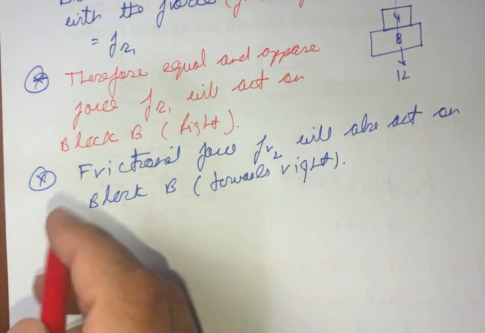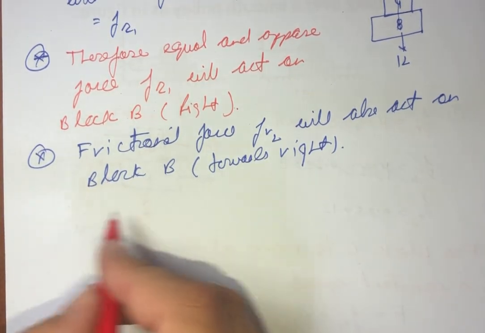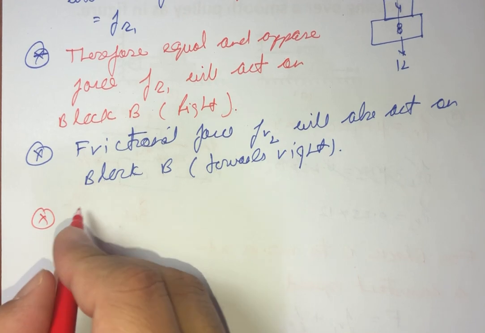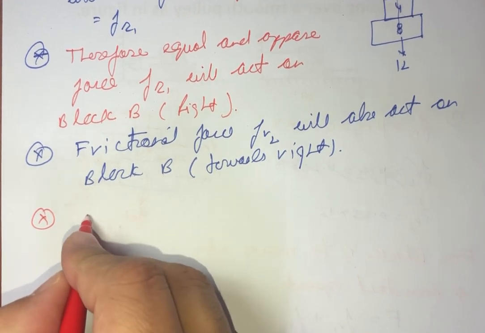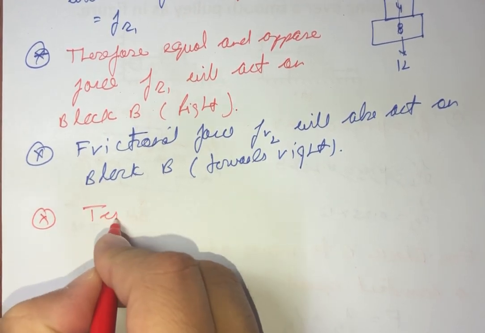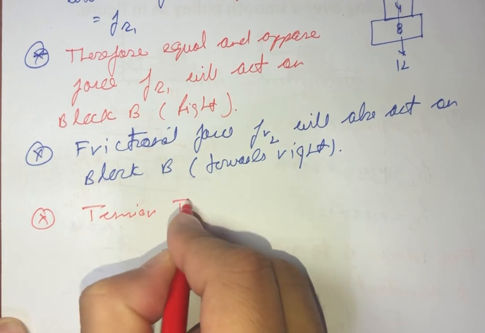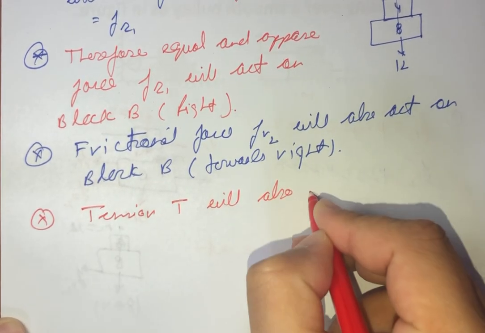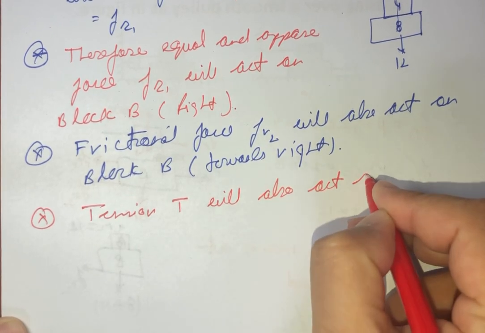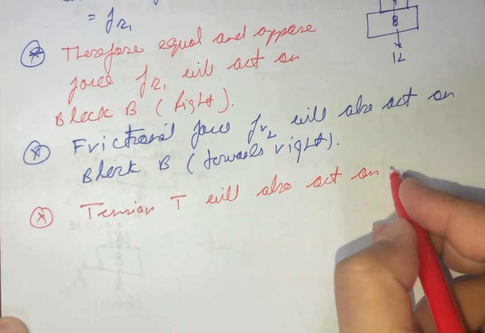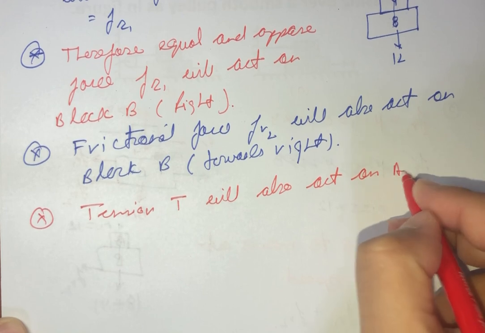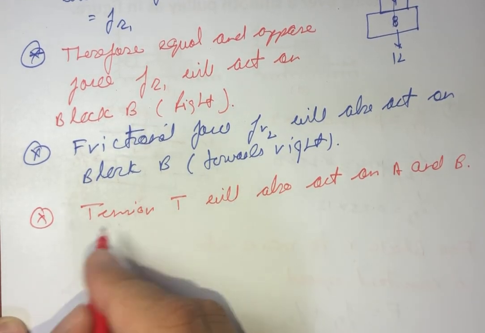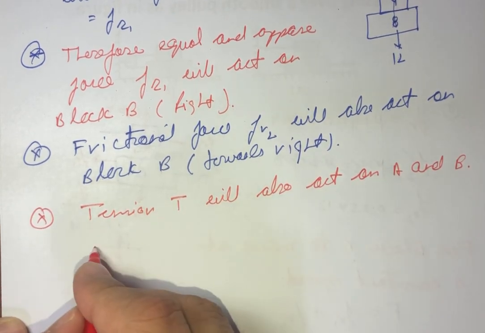Or we can also say tension T will also act on A and B towards right side.